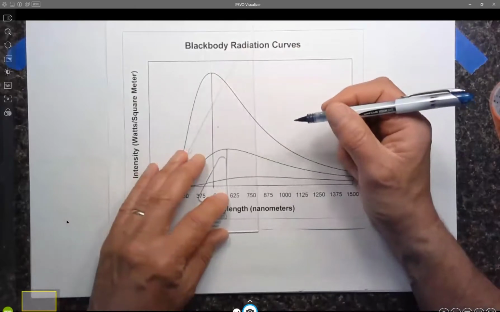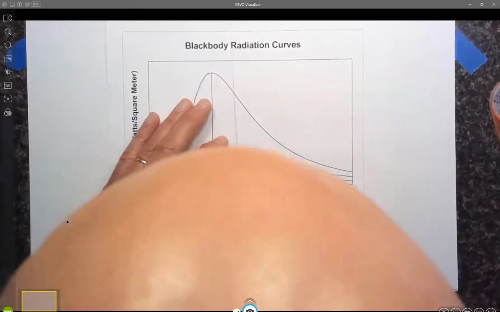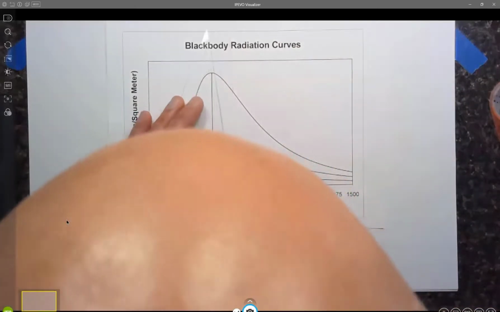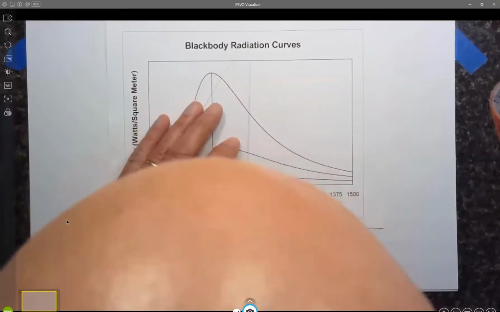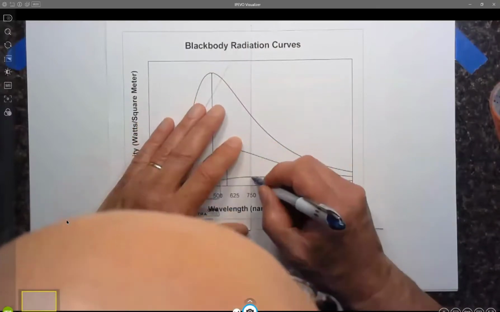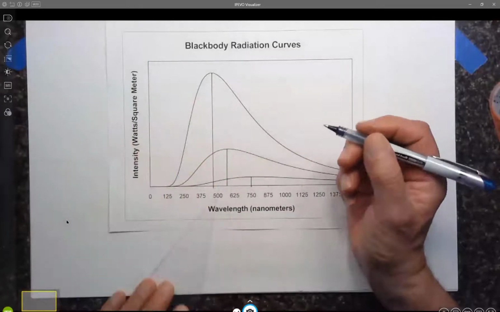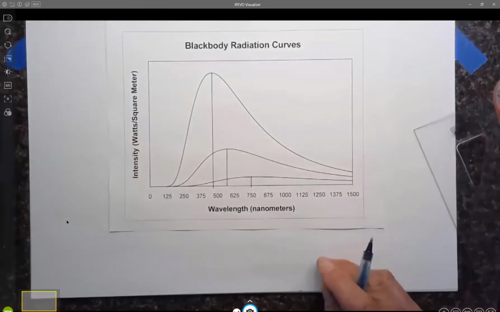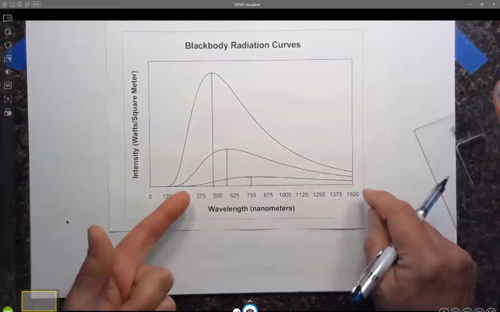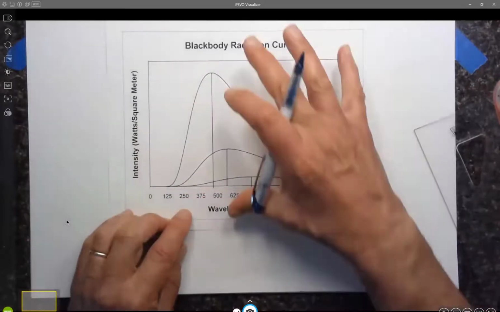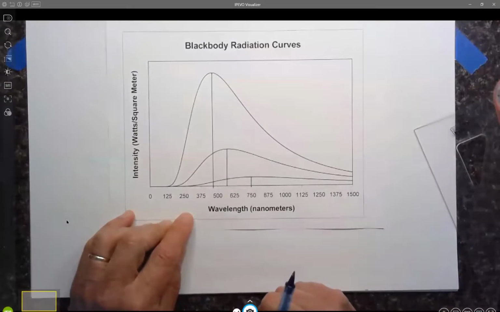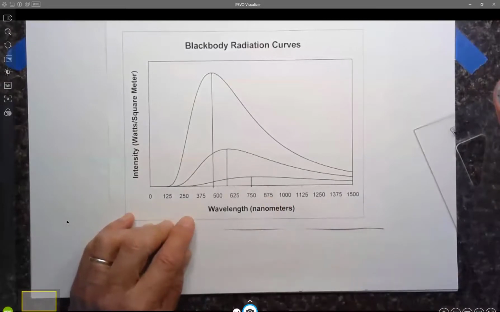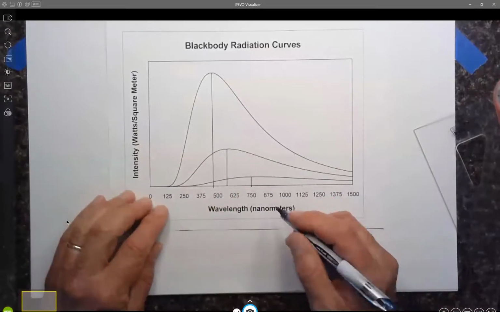Can't say for sure, it's just kind of winging it. And this other one, let's see, maybe about here. And maybe I'm a little wrong, but I can get a bit of an estimate anyway. Sometimes if you zoom in on these curves or expand the vertical axis, it'll make it a little easier to find it, but this is just what I've got to deal with.